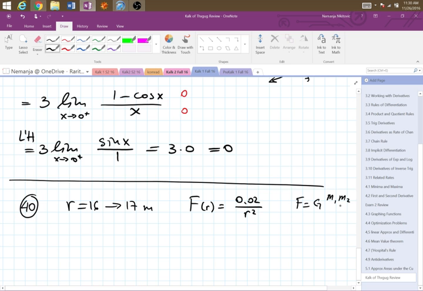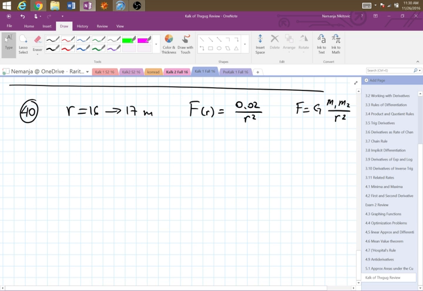Those would be the masses of the objects, say Earth and the Sun, and you can figure out the gravitational force, the attraction between the two.